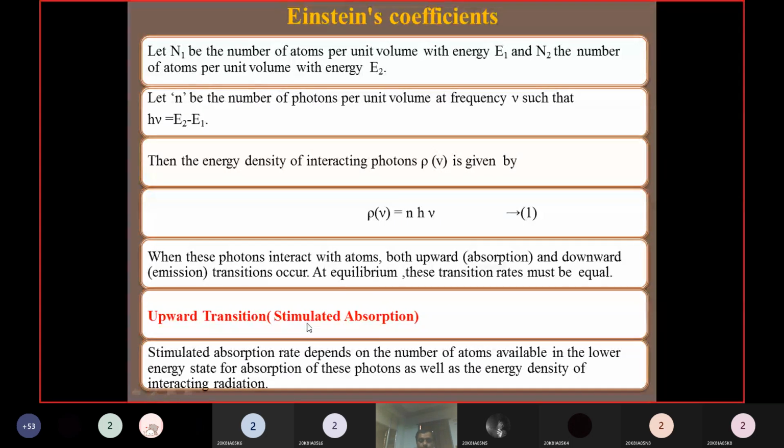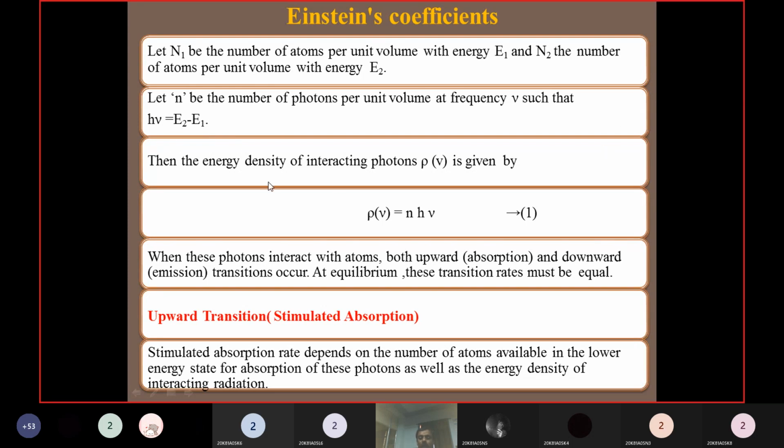We already know we are taking two energy levels, E1 and E2. In the E1 energy level the number of atoms is N1, and in the E2 energy level the number of atoms is N2. The energy difference between those two levels is equal to h nu.